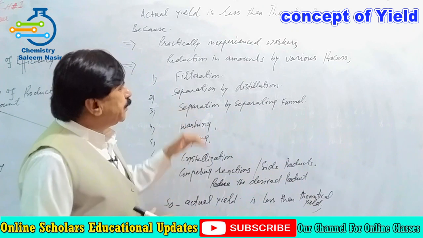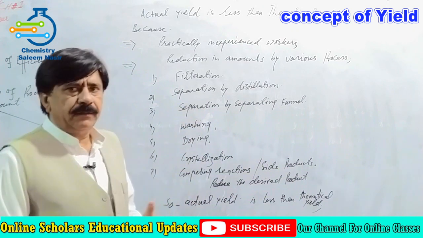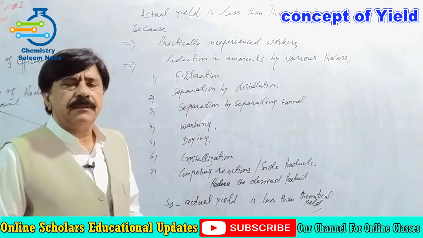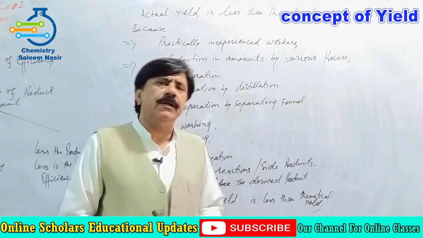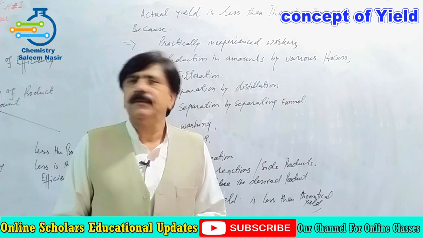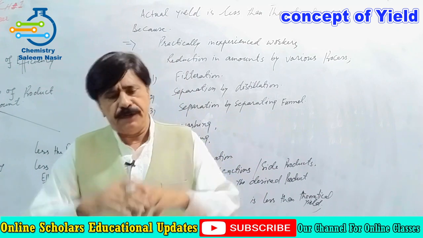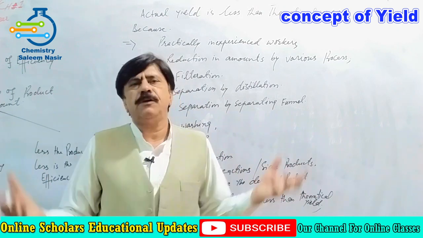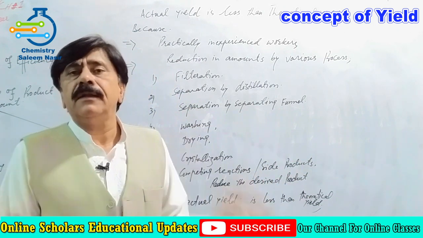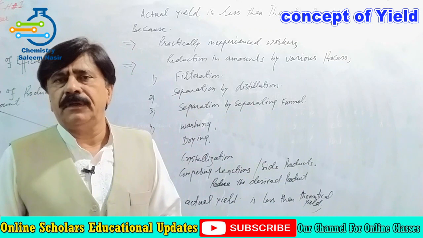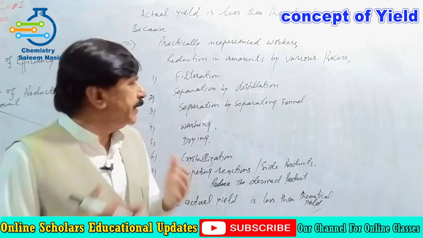Next, separation by the separating funnel. That is another process. Maybe we have to separate the products by separating funnels, and during that process wastage of the material is expected, which is another reason for the reduction of the amount of the product.